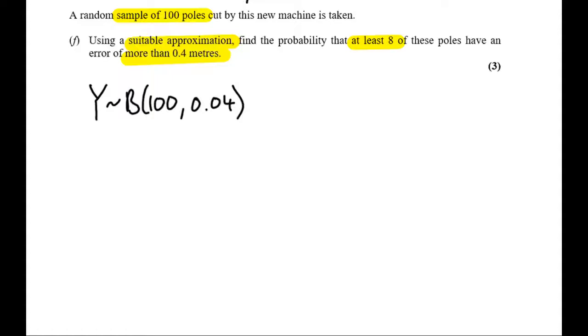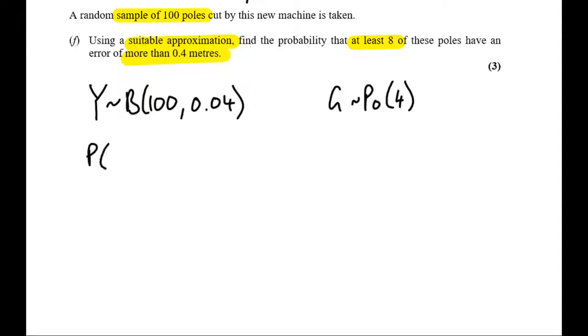So I'm going to say, and I'll use a new letter to describe this distribution, we'll go for G. G follows a Poisson distribution of n times p, so that's 100 times 0.04, which is going to give me a lambda value of 4. G follows a Poisson distribution where lambda is 4.